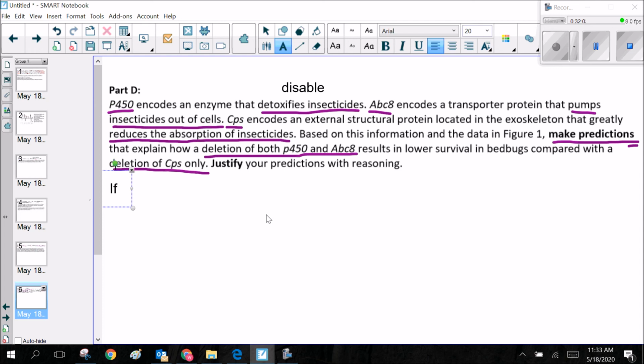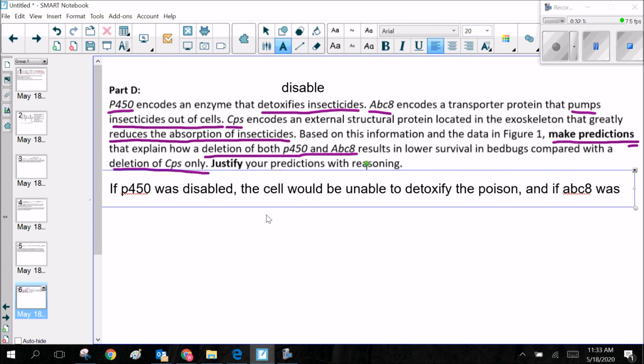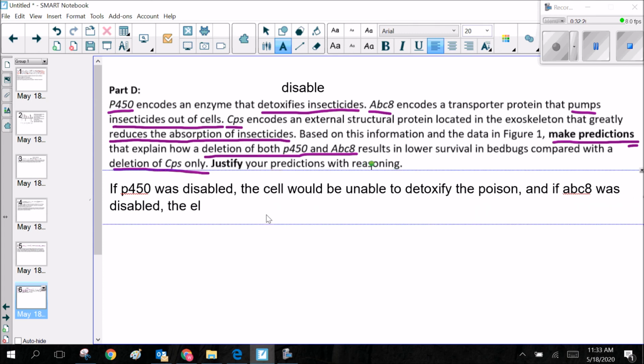Well, if P450 was disabled, the cell would be unable to detoxify the poison, and if ABC8 was disabled, the cell wouldn't be able to pump the poison out.